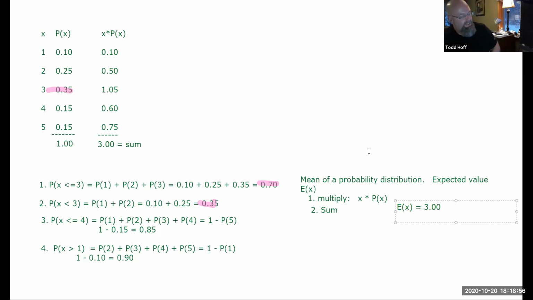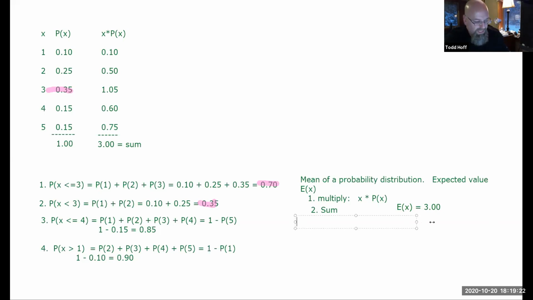What that is saying is, if I randomly select students and ask how many classes they're currently taking, or use the registration to see how many classes they're currently taking, if I select a bunch of students and record the number of classes, and then I find the mean of those, I expect the mean number of classes to be 3. So on average, students will be taking 3 classes.